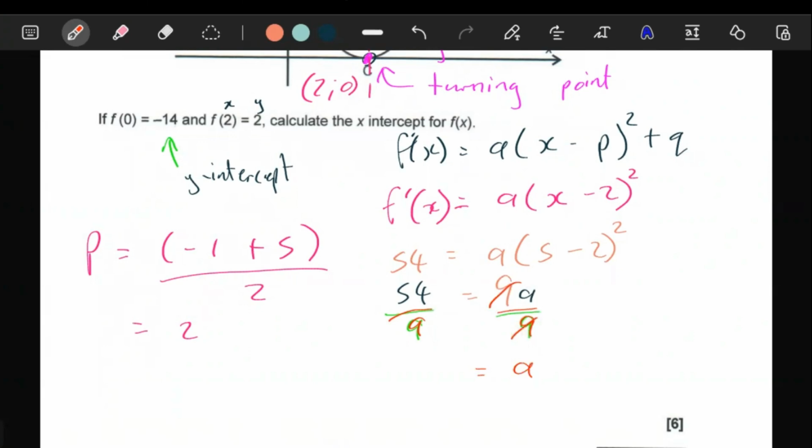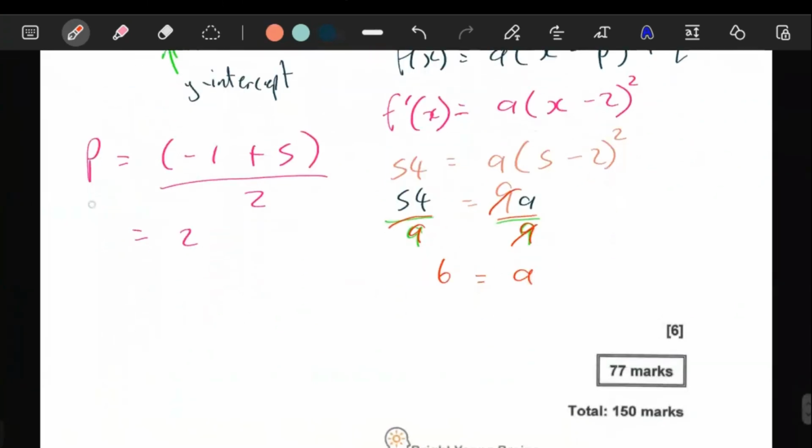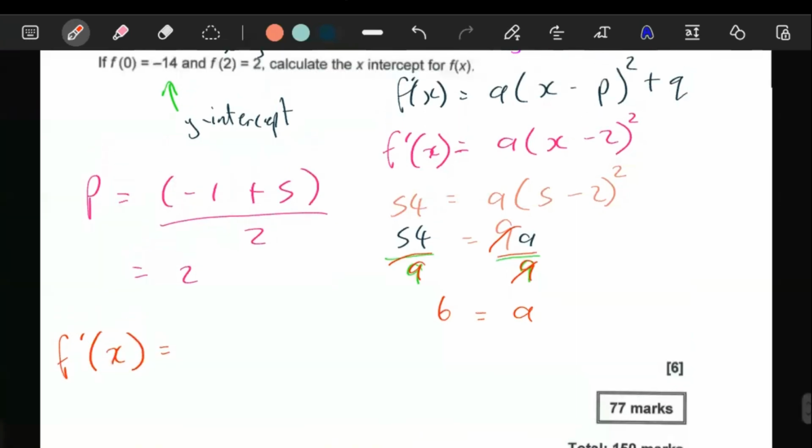Yep, a is 6. Good, perfect. So the equation of your first derivative is 6(x - 2) squared.